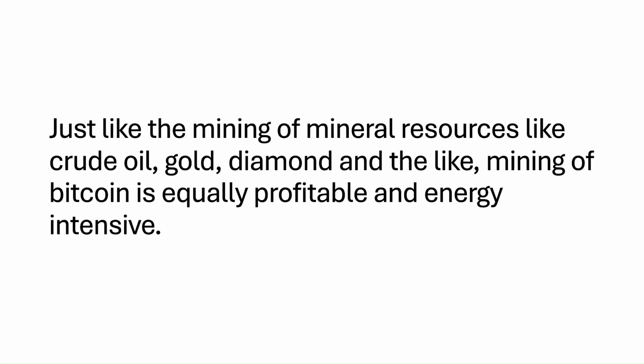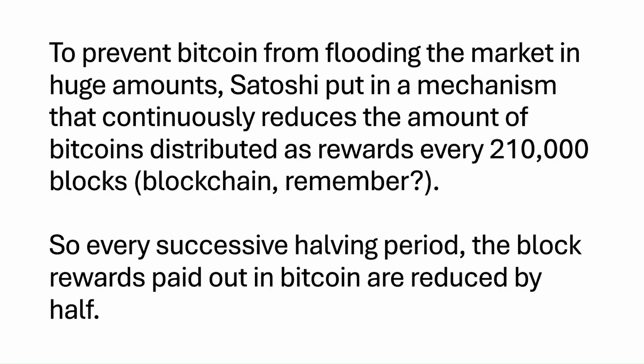Just like the mining of mineral resources like crude oil, gold, diamond, and the like, mining of Bitcoin is equally profitable and energy intensive. I believe this is self explanatory. To prevent Bitcoin from flooding the market in huge amounts, Satoshi puts in a mechanism that continuously reduces the amount of Bitcoins distributed as rewards every 210,000 blocks.